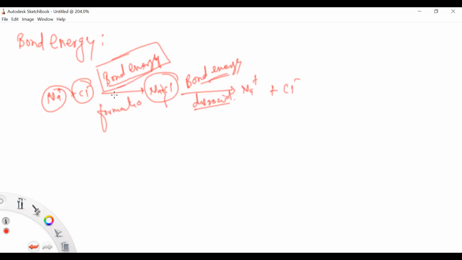Again, this bond energy can be defined as the amount of energy required to break the covalent bond between the atoms and separate them into an infinite distance in the gaseous state under the standard conditions.